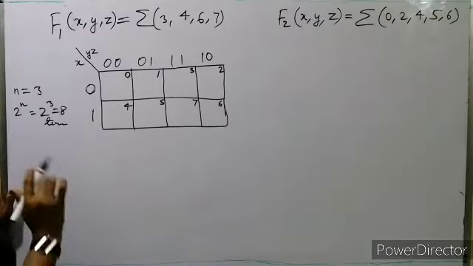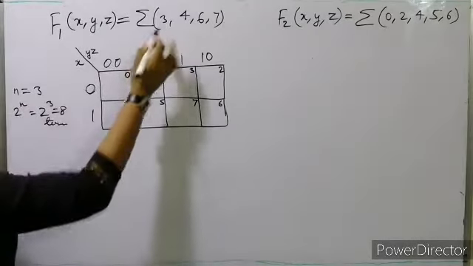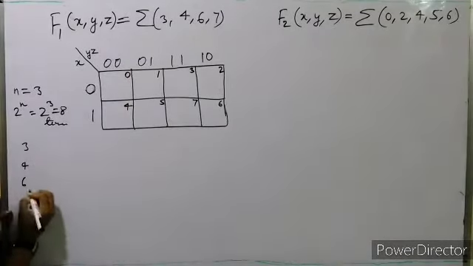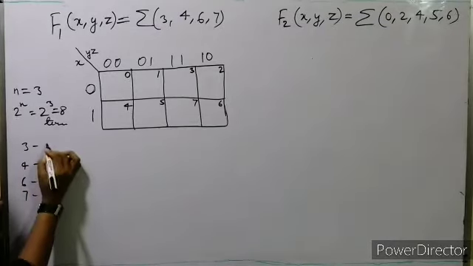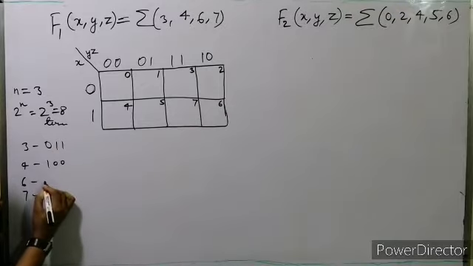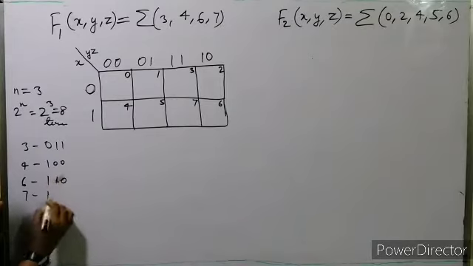Or one more thing we can do: 3 is given, 3 4 6 7, so 3, 4, 6 and 7. So we'll write the binary value of 3, 4, 6 and 7. What is 3? 0 1 1. 4 is 1 0 0, 6 is 1 1 0 and 7 is 1 1 1.